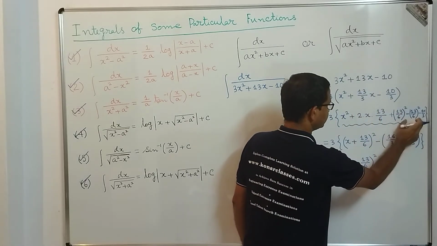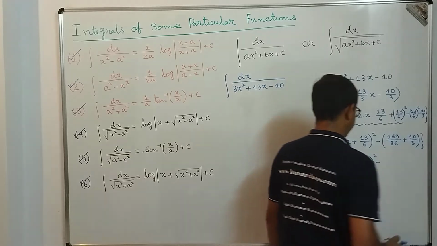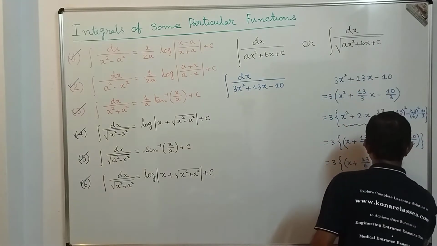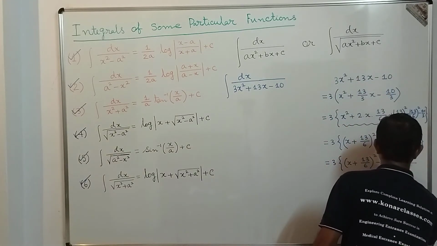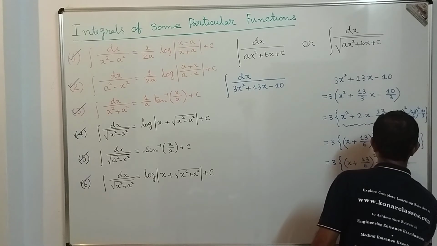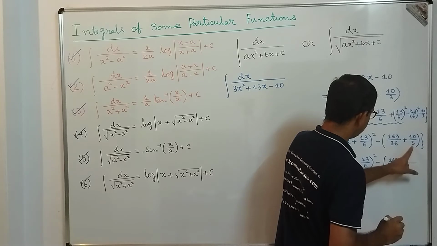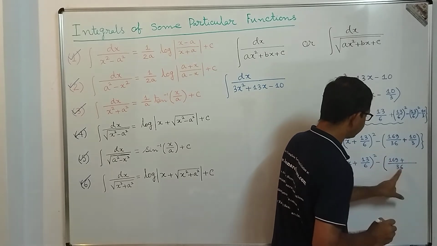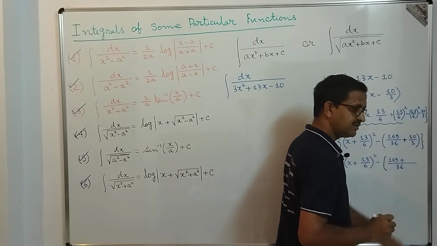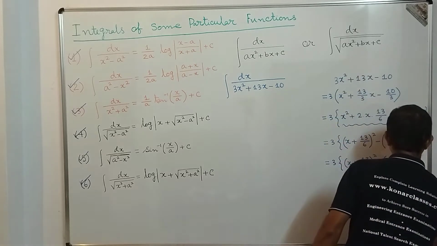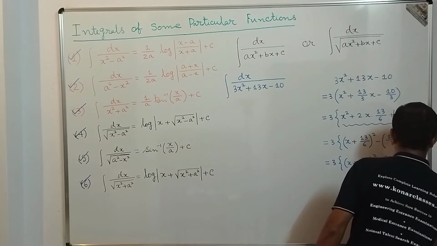Both the expressions are minus, so I took minus common, so it will be plus. So minus, what we get here is that LCM is 36, so here it is 169 plus, here it will be 12, if we divide 36 by 3 it is 12, 12 is multiplied by 10, that becomes 120.